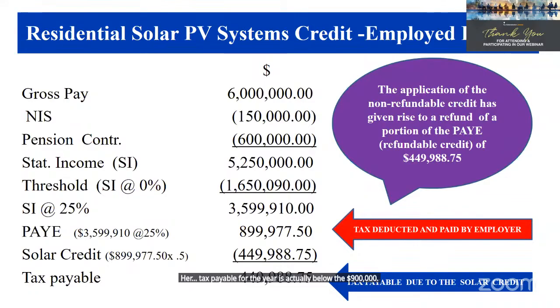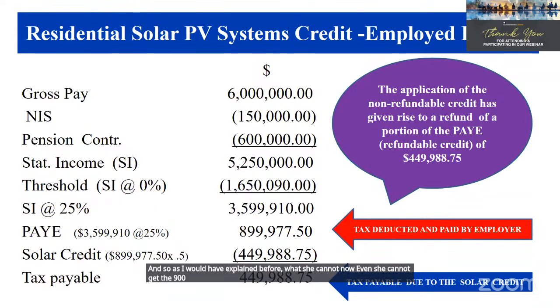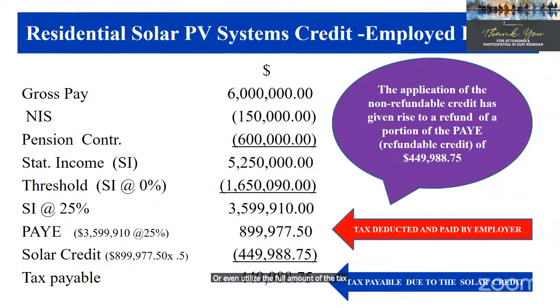And so, as I would have explained before, she cannot get the $900,000 in 1 year, or even utilize the full amount of the tax payable in 1 year. The legislation requires that the amount that can be utilized in any year is restricted to 50% of the tax payable. So here we will see that Paula's employer would have deducted $899,977.50 from her salary and paid that over to TAJ.